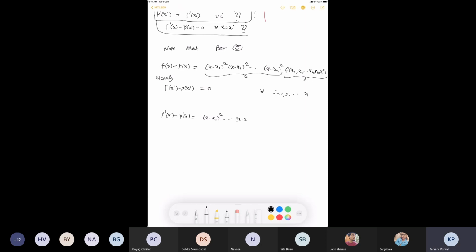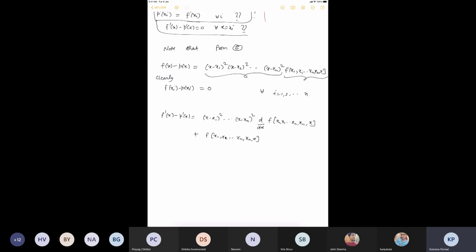First I'm differentiating the divided differences, so we will get d by dx of the divided difference, plus, keeping the divided differences as they are, I'm then differentiating this polynomial.